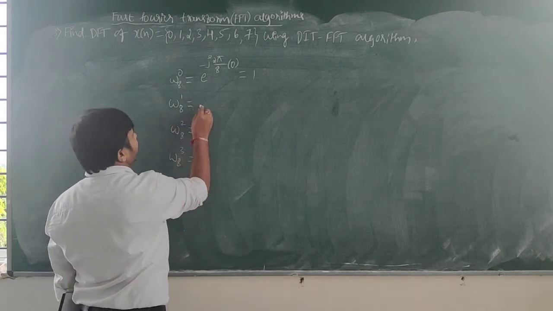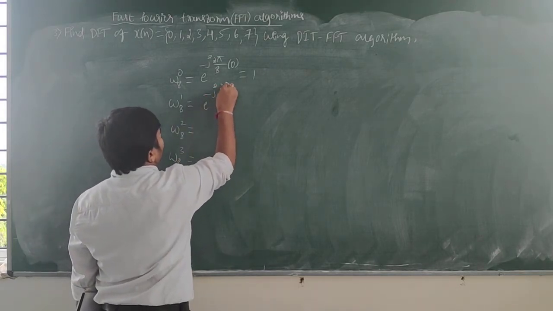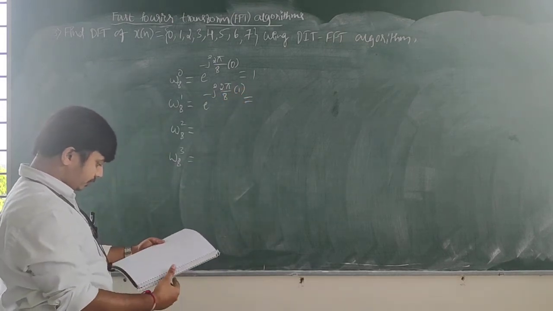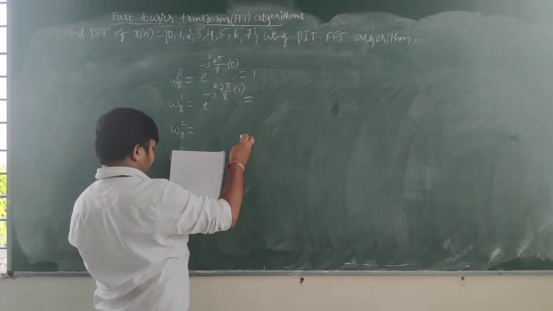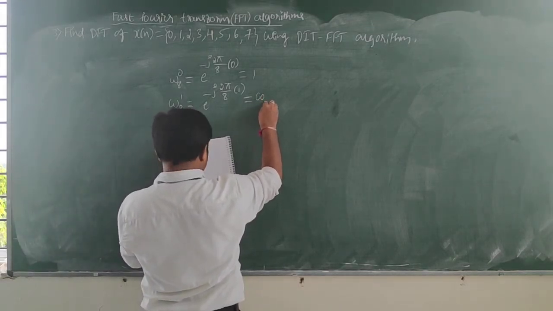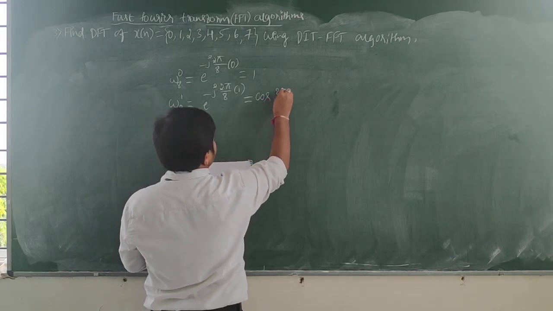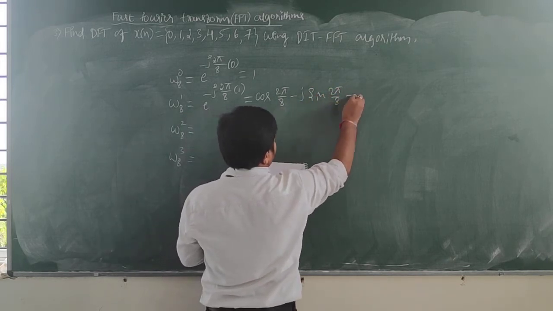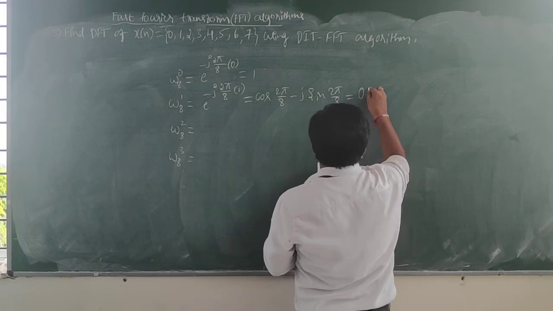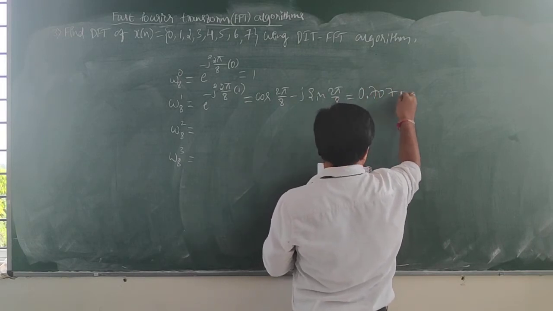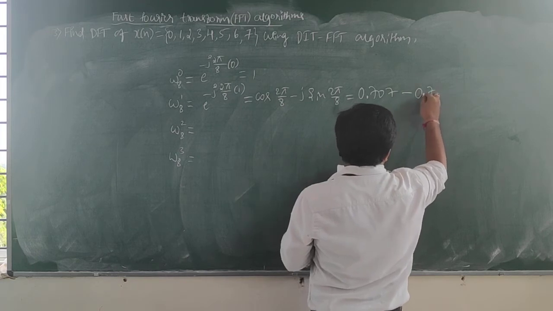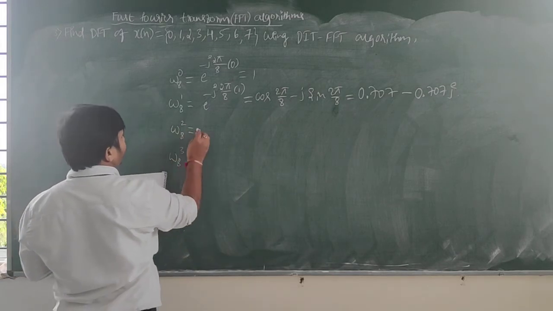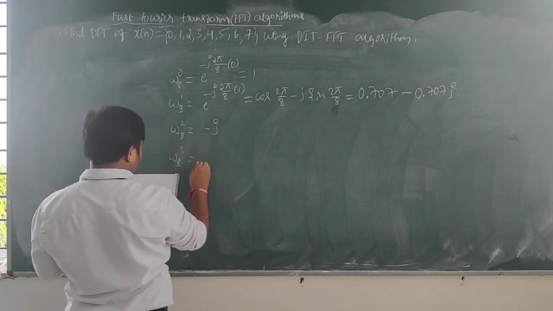So W8 power 1 is e power minus j 2 pi by 8 into 1, and its value you can find using cos 2 pi by 8 minus j sin 2 pi by 8, which is equal to 0.707 minus 0.707 j. Okay, and the value of W8 power 2 is equal to minus j.